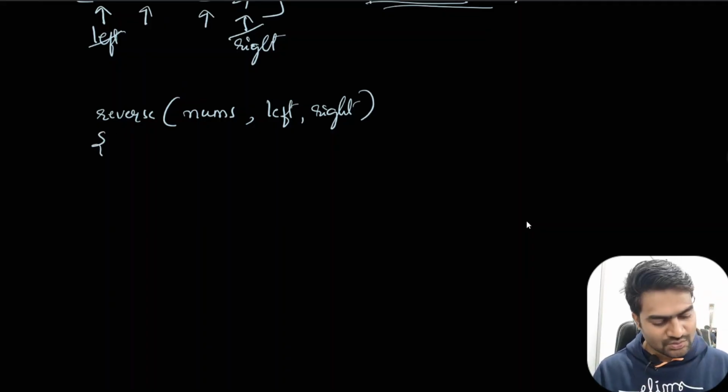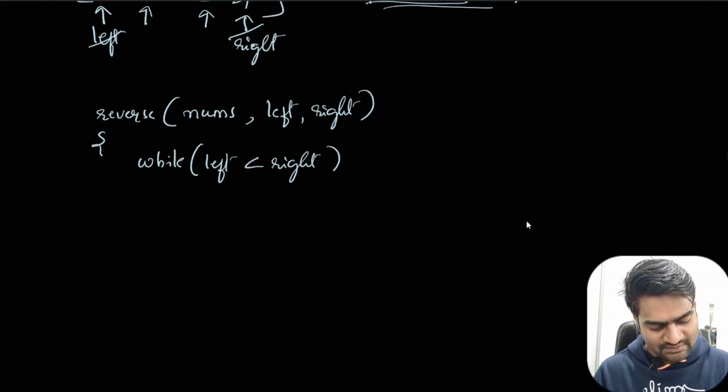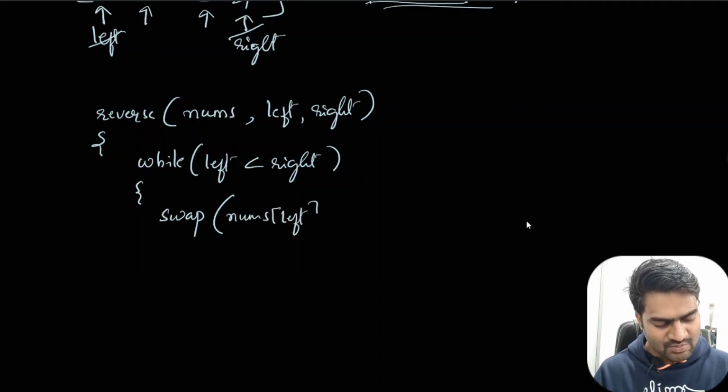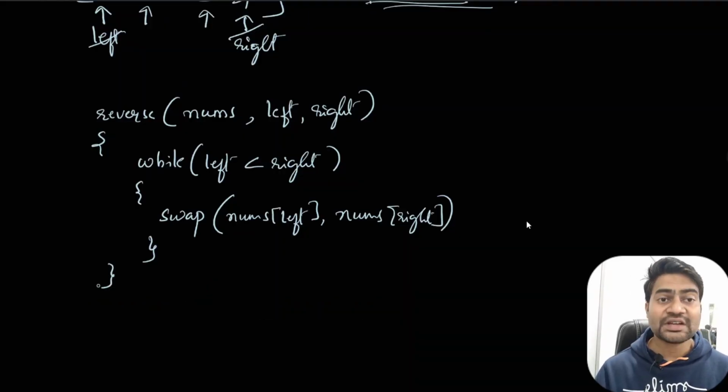Then I will take a while loop: while left is less than right, I will swap nums of left and nums of right. This is done in place, so I don't need to return anything.